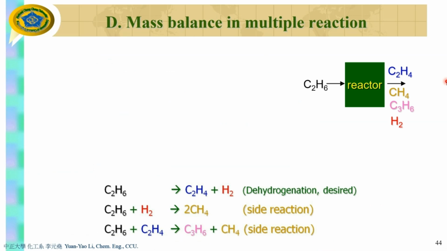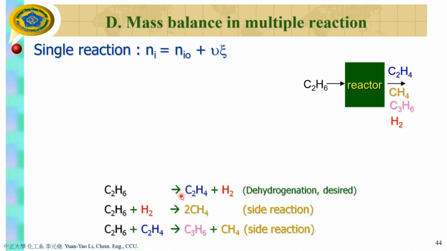Okay, for the mass balances in multiple reactions, last week we learned for single reactions that the moles of the final product equal the initial moles plus nu times Xe. Nu is the stoichiometric coefficient.